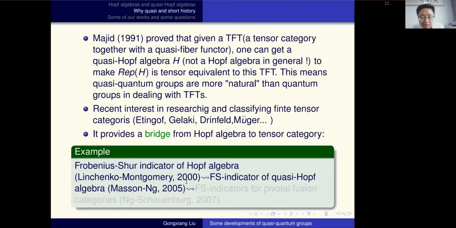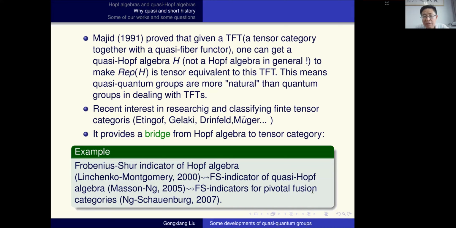Last week, he gave a very nice talk. In 2005, then, maybe they used it, maybe not. From the reference, they of course used some computational results in the quasi-Hopf algebra case, and established the general Frobenius-Schur indicator theory for pivotal categories. Pivotal, not only fusion, you can remove the fusion restriction.